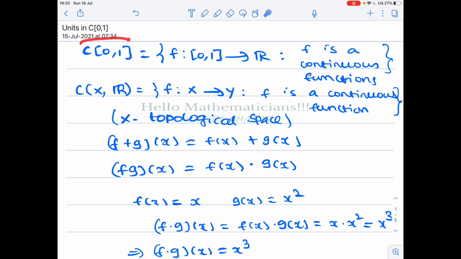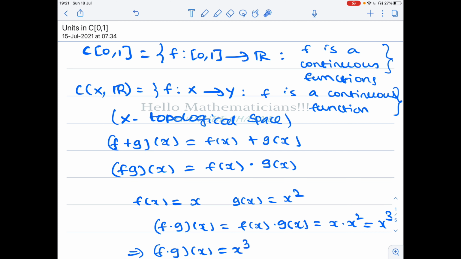Again, from a competitive exam perspective these questions are very important, and we prove some more general results also in this direction. We are primarily interested in C[0,1], that is, continuous functions from the closed interval [0,1] to R. But we can assume X is a topological space.